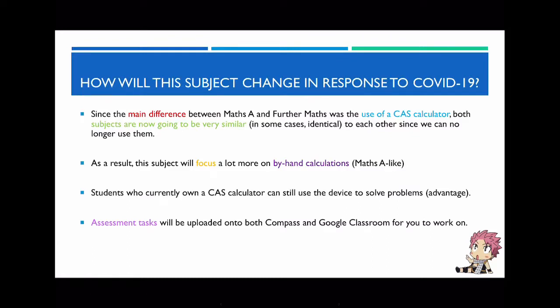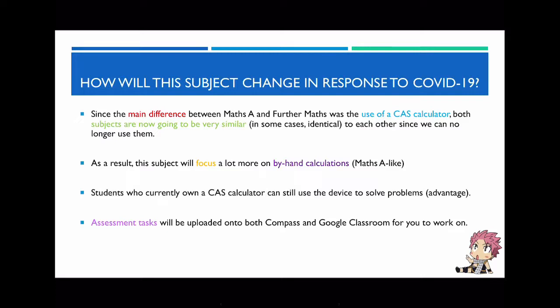Now, I'm aware that two or three students in a class already own a CAS calculator, and as a result, these students have a certain advantage compared to the rest of the class. The assessment tasks you'll be doing online over the next few weeks are going to be related to statistics, and obviously students who own these devices will have a slight advantage and can get more accurate answers than the other students.